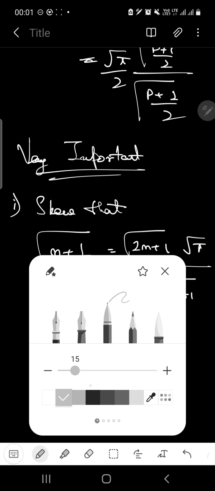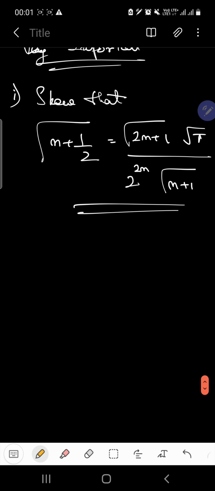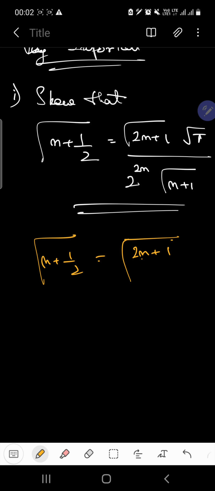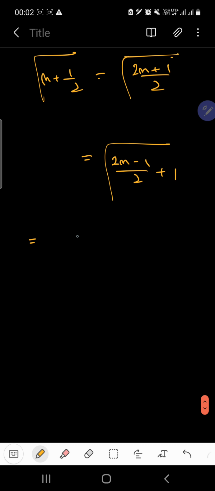So let's see. From here, gamma of n plus half can be written as gamma of 2n plus 1 over 2, which can be written as gamma of 2n minus 1 over 2 plus 1. So this becomes 2n minus 1 over 2 times gamma of 2n minus 1 over 2.